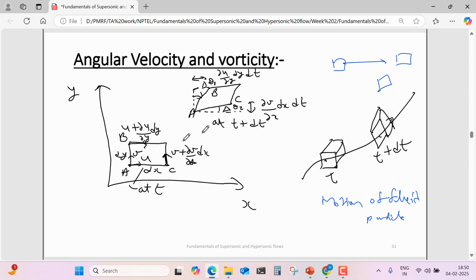So due to its velocity, this C point will come here and D point will come here. So this line AC is rotated by angle delta theta 2 and this line AB is rotated by angle minus delta theta 1.